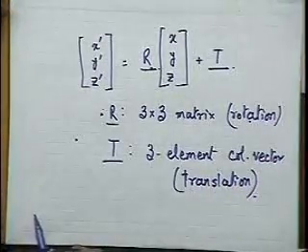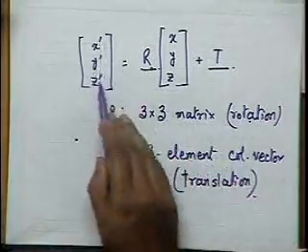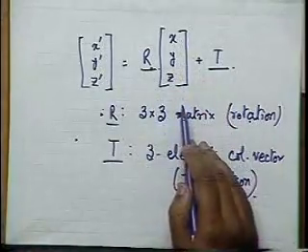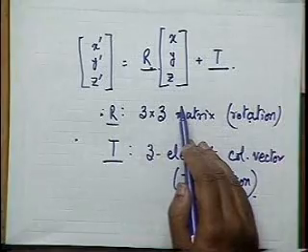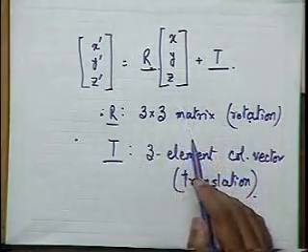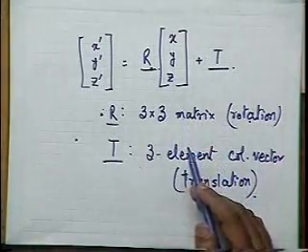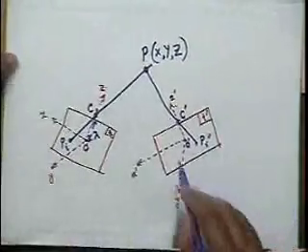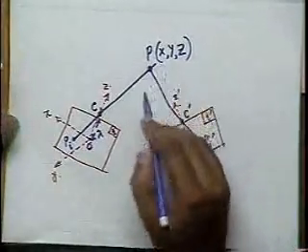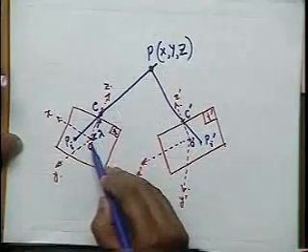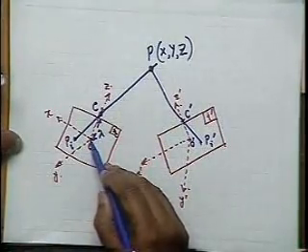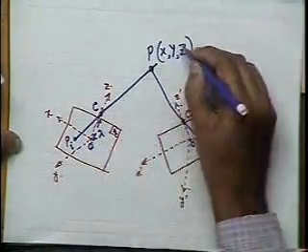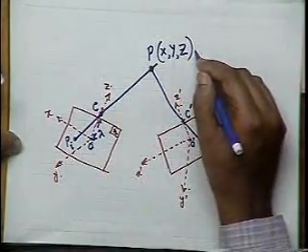All right. So this is how x prime, y prime, z prime and x, y, z will be related to each other. And now let us assume that the coordinate of this point P with respect to the coordinate system of the first camera is small x0, small y0 and small z0.